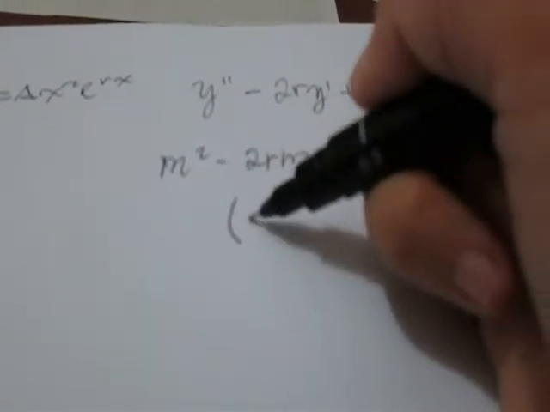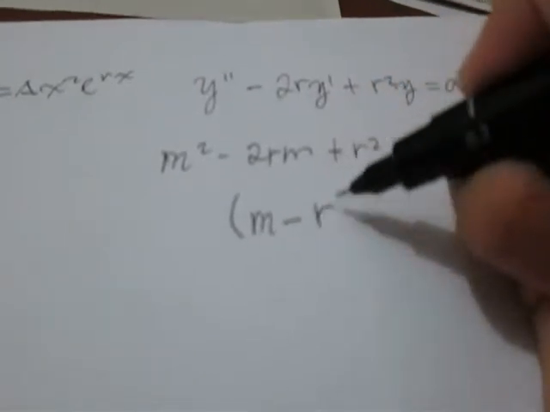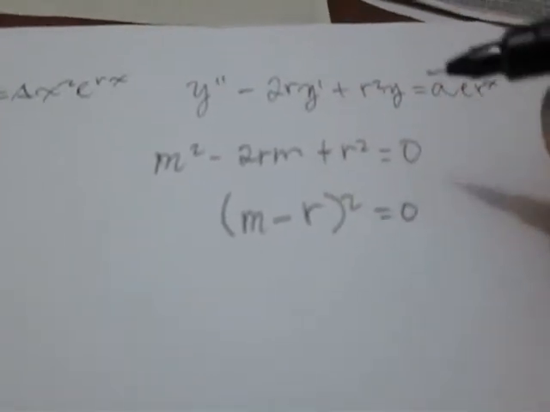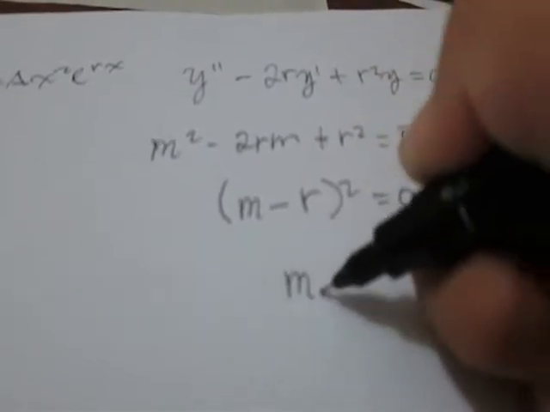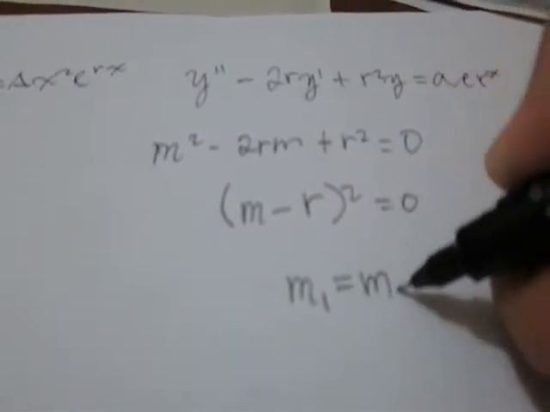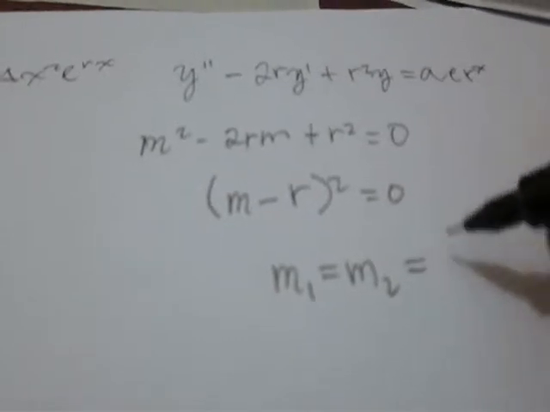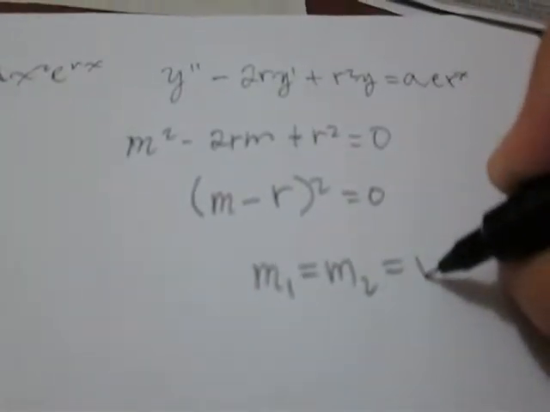As you can see, we have (m minus r) squared equals 0. So we have our m1 equals m2 equals r.